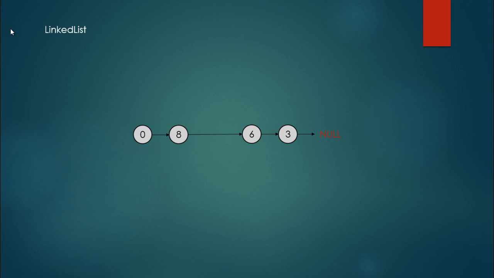We just have to update the references, and it can be done very fast in constant time complexity. So we see in the illustration that removing an item is much faster for a linked list than for an array list. If we have an application where we want to use a list and we have to do a lot of item removal, it is advisable to use a linked list over an array list.